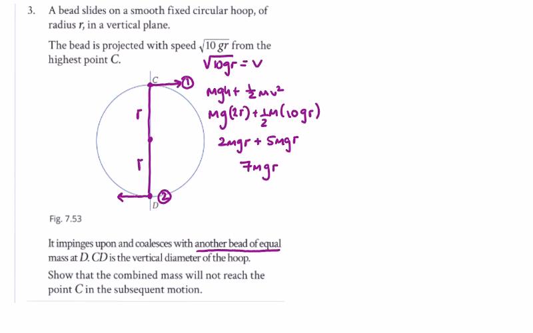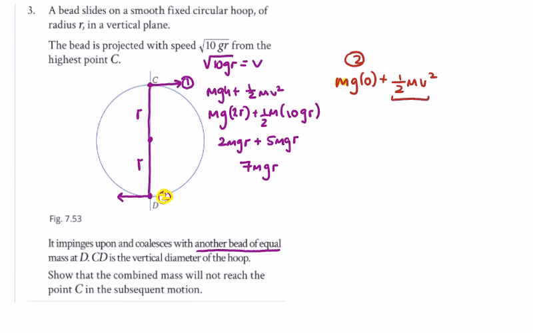So it needs to be equal to position 2. At position 2, mgh is going to be mg0, plus a half mv squared, which will be equal to, well, it'll be 2m when they combine in a second.